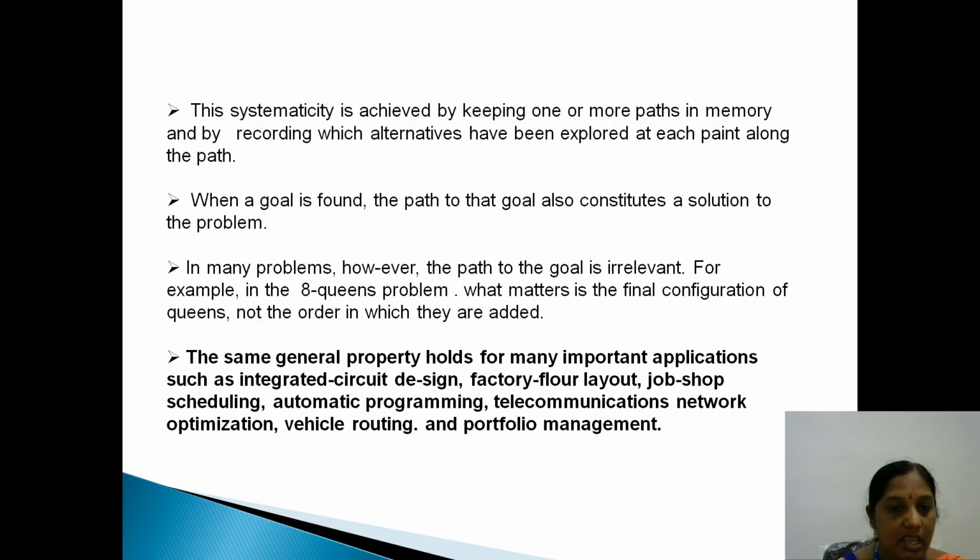For example, the 8 queen problem. In the 8 queen problem, we cannot say this is the path you have to follow to reach the goal. Different types of paths are available, but which path you select is based upon the best path. If you go by this path, then only you can reach your goal.